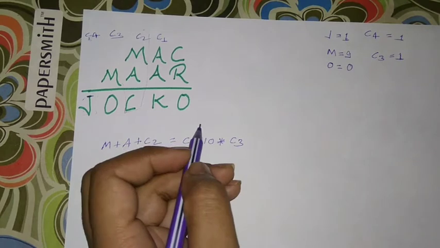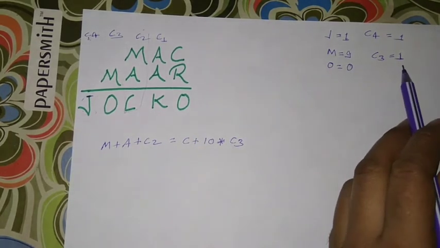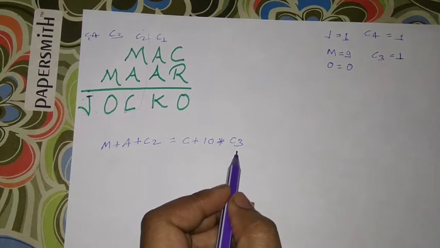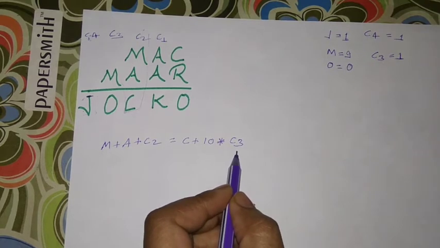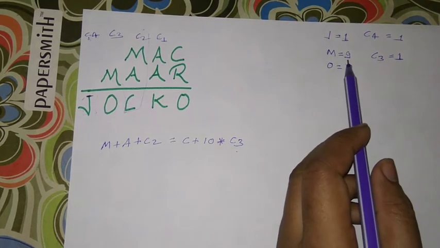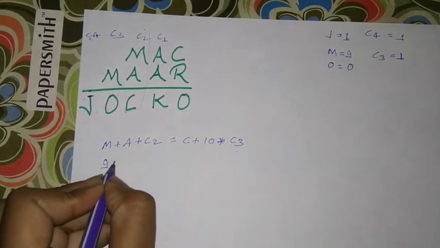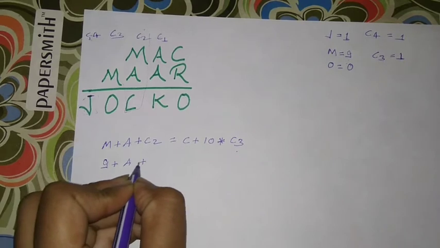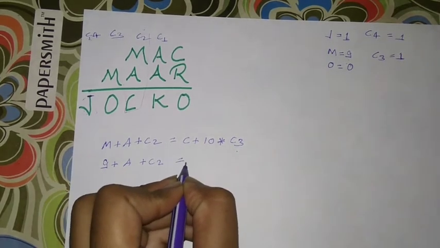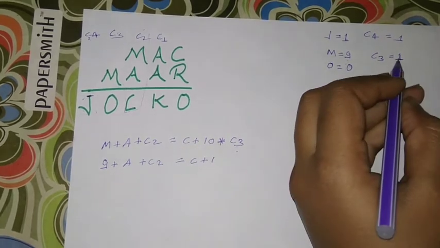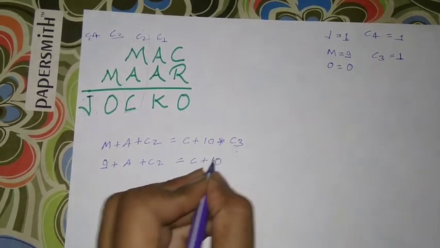We already found that the value of C3 is 1, and we already know that the value of M is equal to 9. So here we put the value of M, that is 9 plus A plus C2 equal to C plus 10 into 1, that is 10.